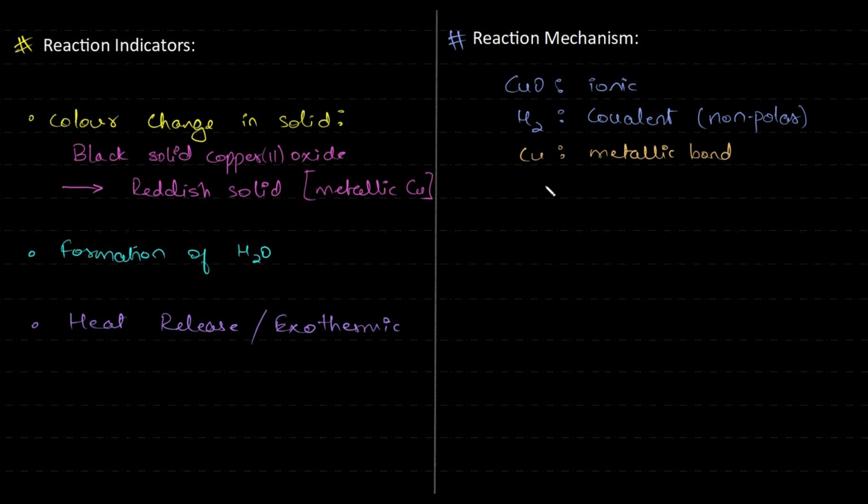That I'm not going to write. Now we need heat for the copper oxide and the hydrogen mixture to activate. So basically we need heat to break this, right? We need something to break, is it not? So that's the whole point of a chemical reaction. We need to break old bonds and create new ones.